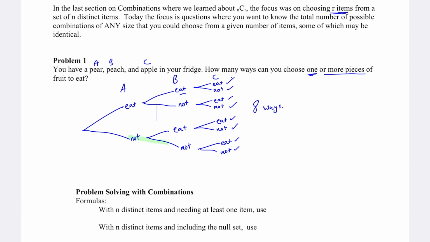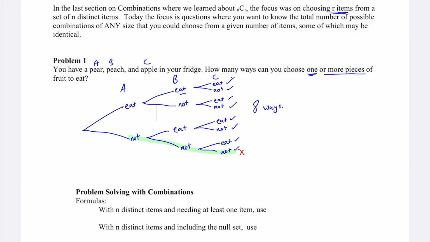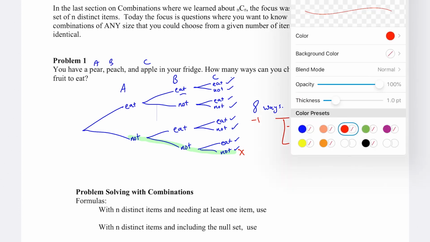The problem is if you choose not to eat anything. So you choose not to eat the pear or the peach or the apple. This right here is really a violation of that question. So we minus 1, which gives us 7 ways. There are 7 ways that you could choose one or more pieces of fruit to eat.